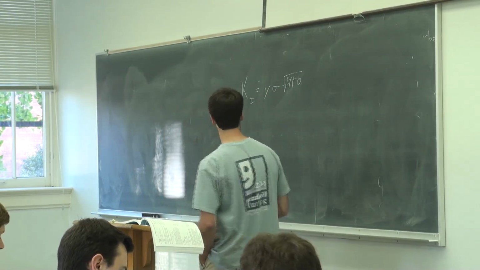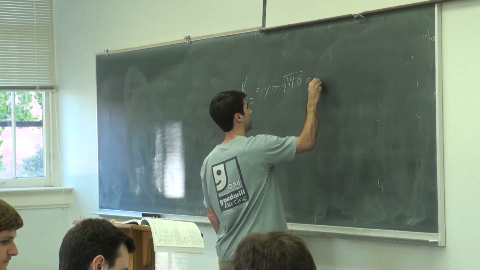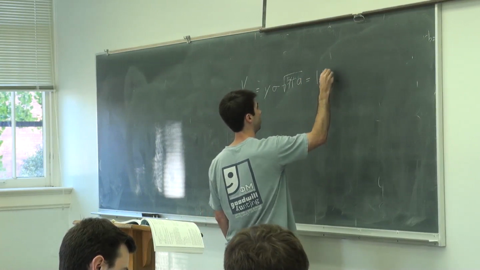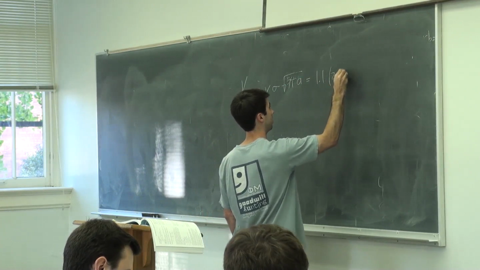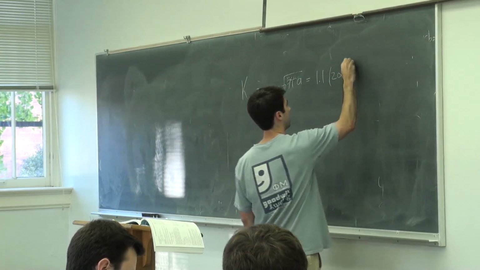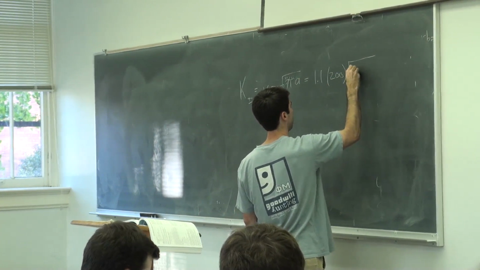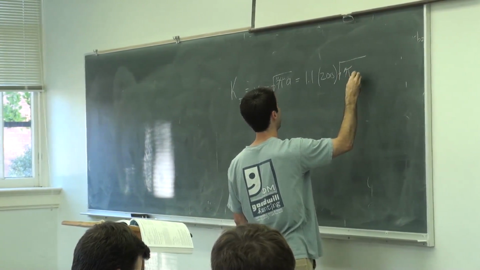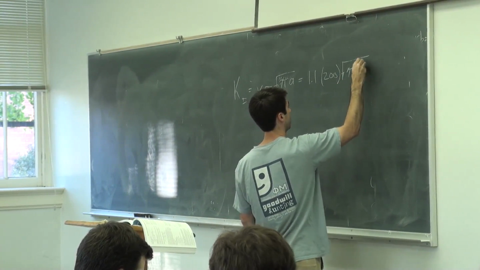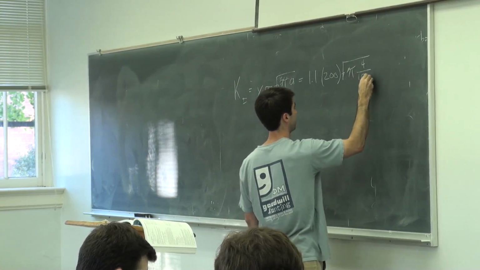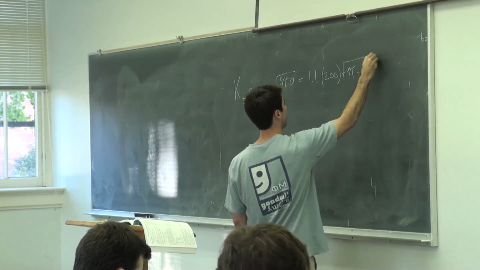So if you plug everything in, we've got 1.1, we've got 200, and we've got the square root of pi times 4 divided by 1,000 meters.